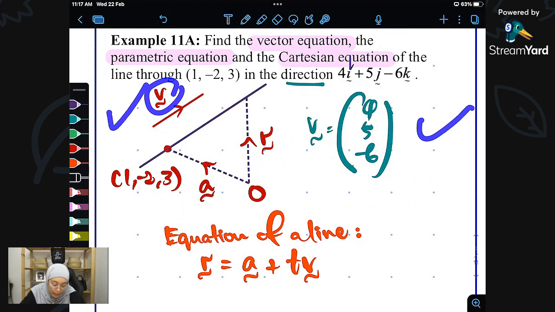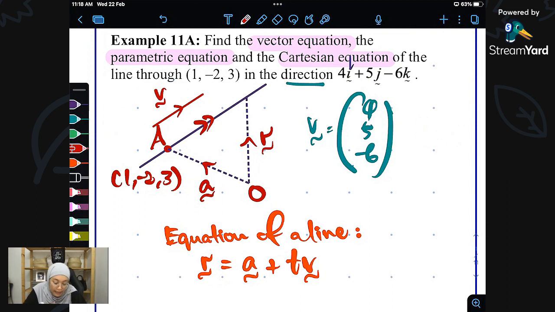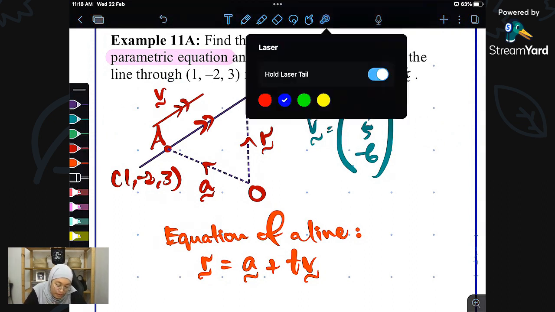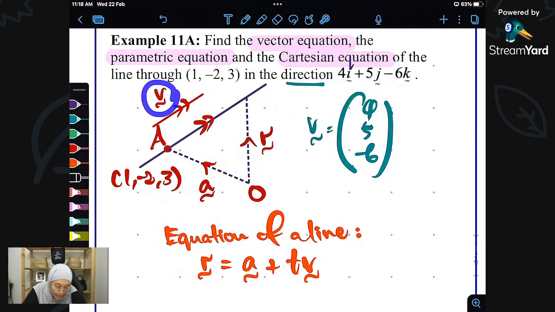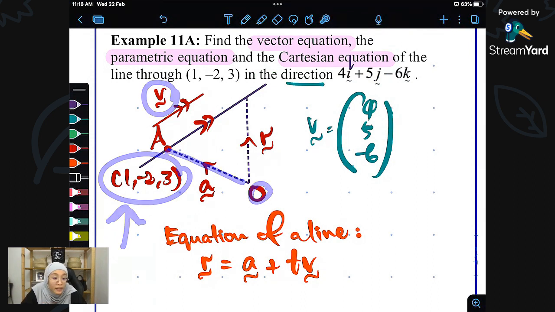Lagi satu benda penting adalah the position vector A. The position vector A is actually from the point A here. So basically ini ada point A. So kita faham bahawa the line warna purple ni adalah parallel to the vector V. Therefore, we can use the vector V and we need to pick this point. But this point is actually having a vector from the origin as well.